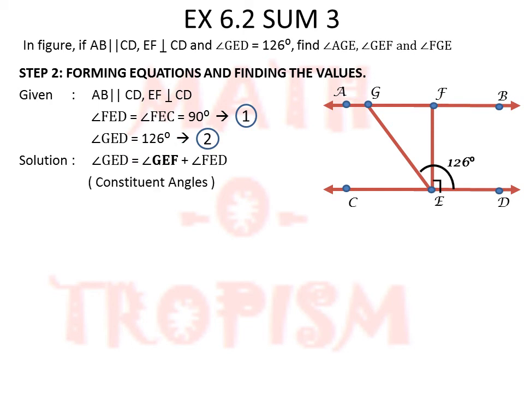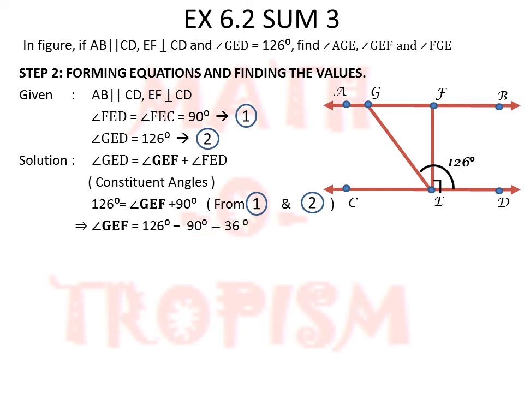So when we take the angle GED, its constituent angles are GEF plus angle FED. So when we substitute 126 and 90 from the equations 1 and 2, we get angle GEF is equal to 126 minus 90, which is equal to 36 degree.